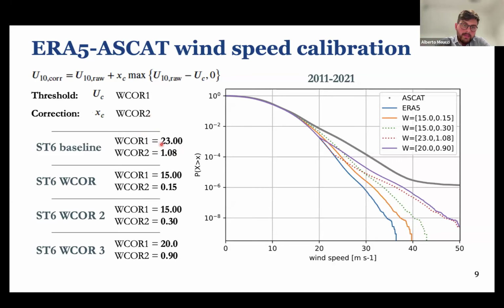We also implemented and tested 4 different corrections to this wind, which is barely a linear correction of the wind over a threshold. So the W core 1 would be our threshold, which in this case for the baseline was 23 meters per second, and a correction of 1.08.